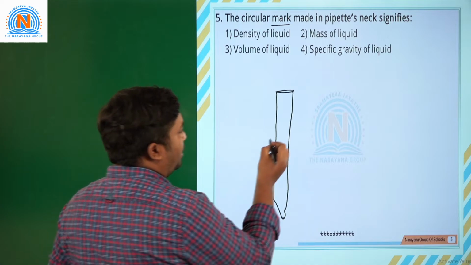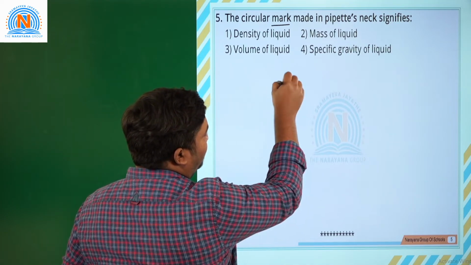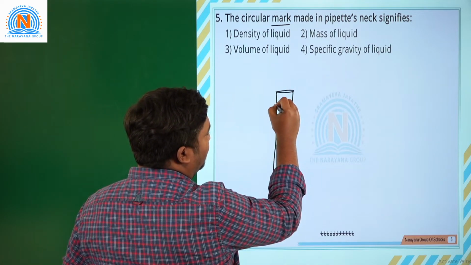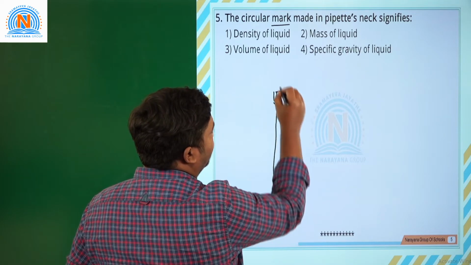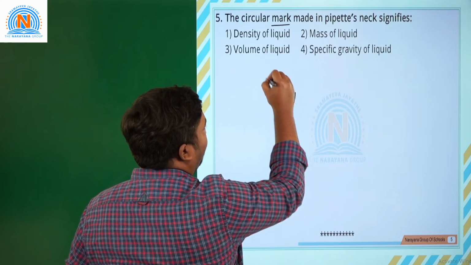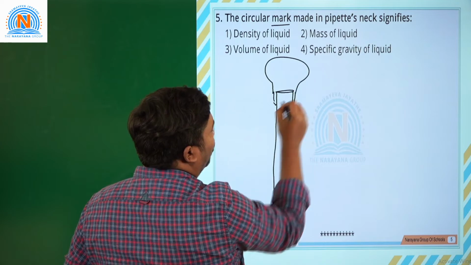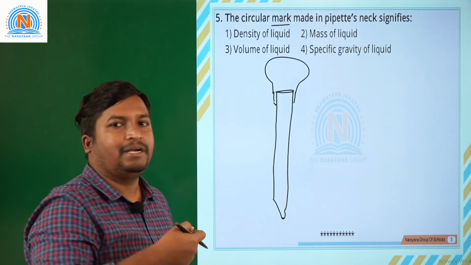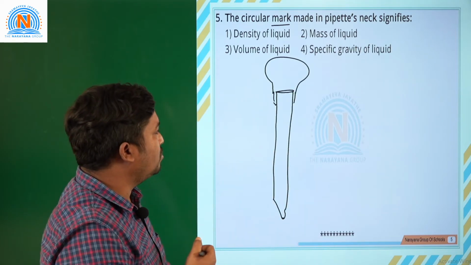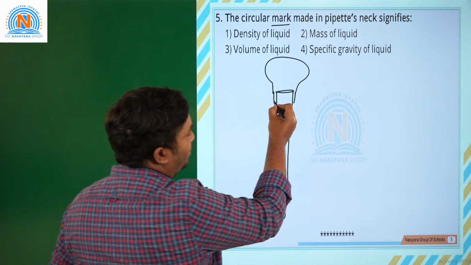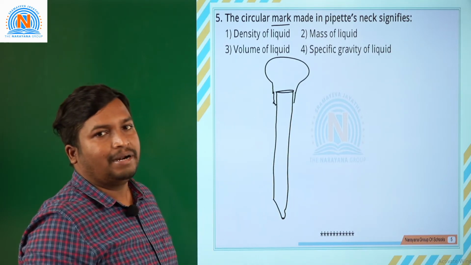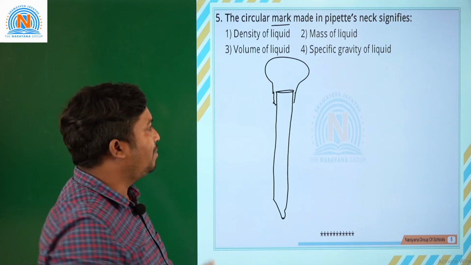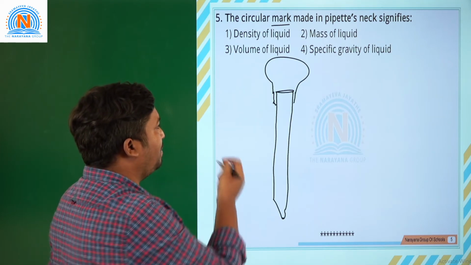In this pipette, generally from this end we may use a rubber bulb-like structure, or we may pipette out manually using the mouth also, but the safest method that we use in the laboratory is the bulb only. But if you gain experience, you can even pipette it out through your mouth.